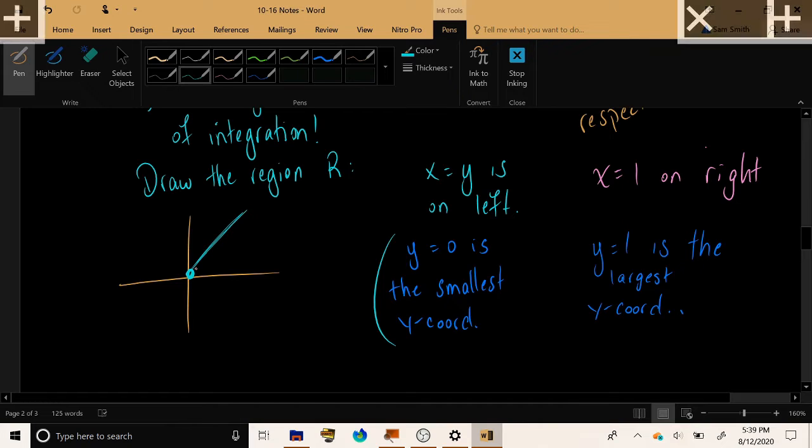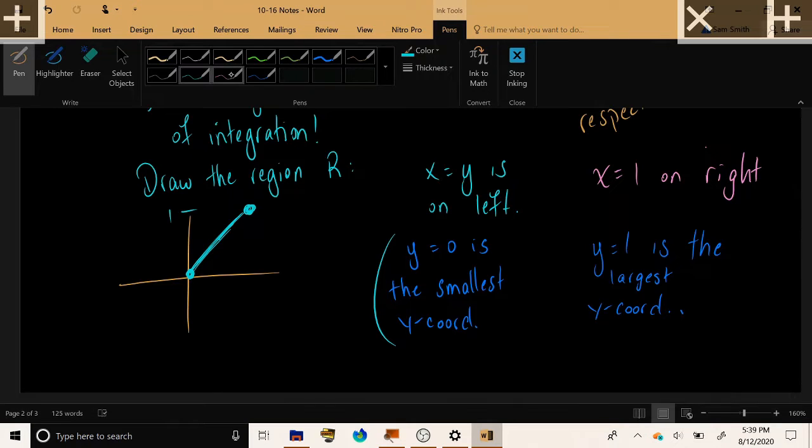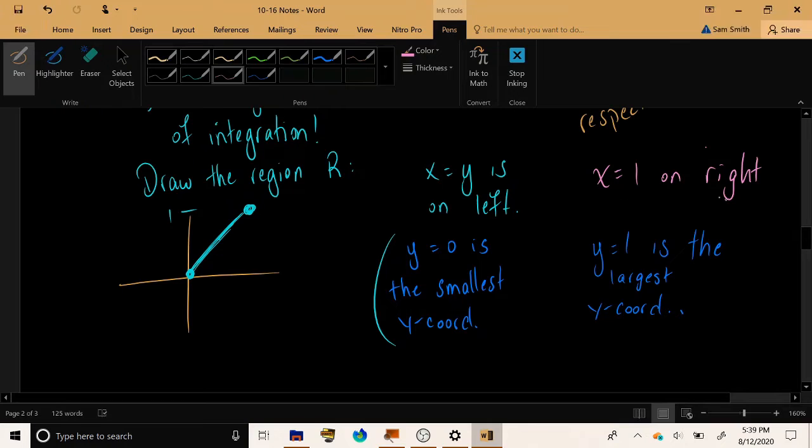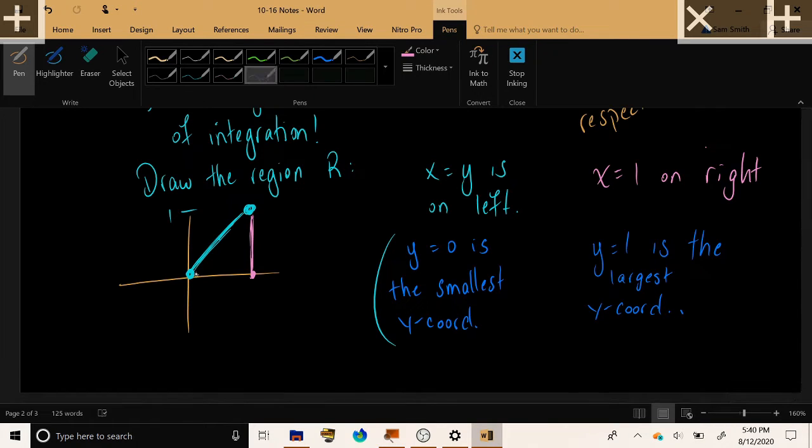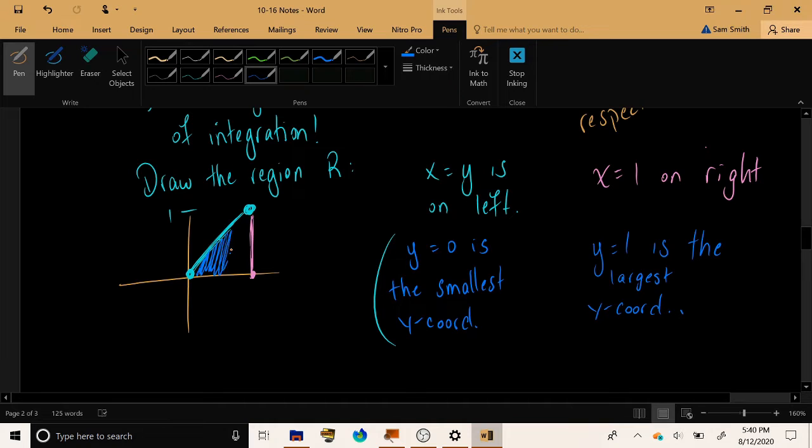And likewise, I should stop drawing the line as soon as it hits y-coordinate 1. This is the smallest and the largest y-coordinate in the region. Then it says x equals 1 bounds the region on the right. So I'll draw the vertical line x equals 1 from the topmost y value to the bottommost y value. And so that is the region R.